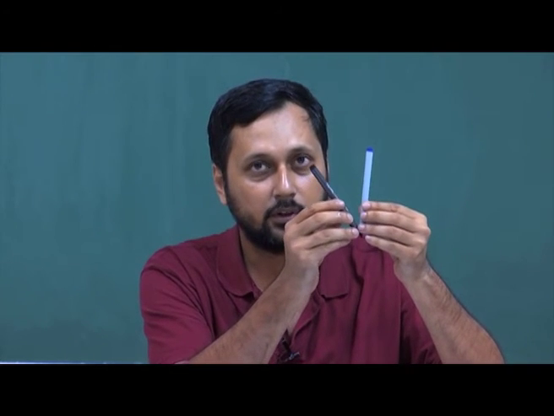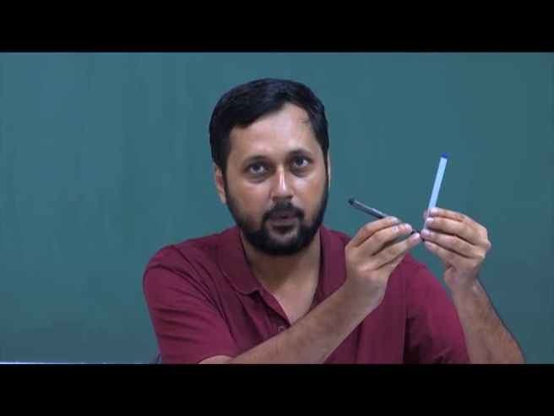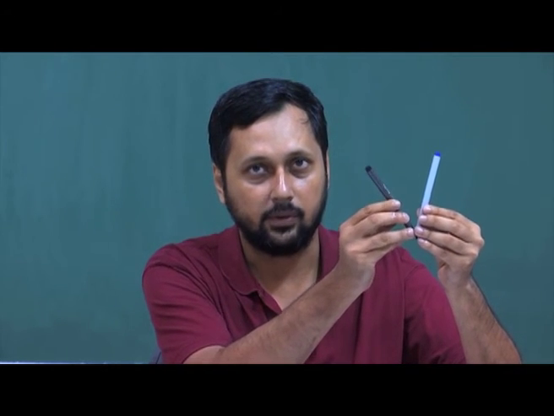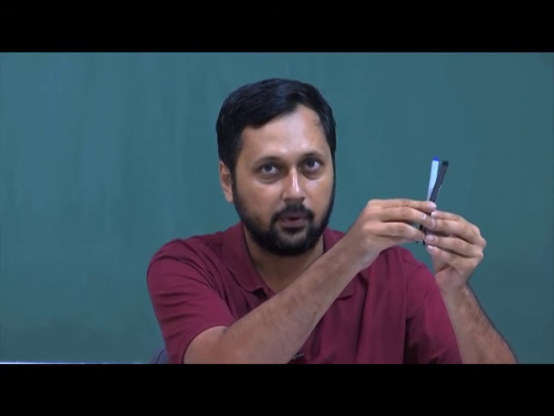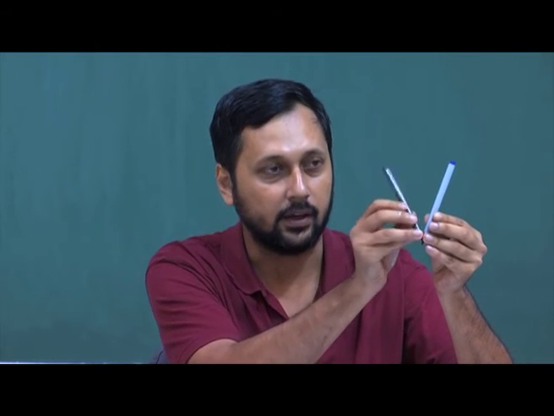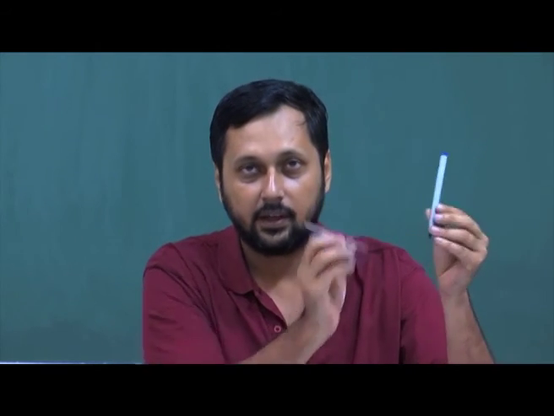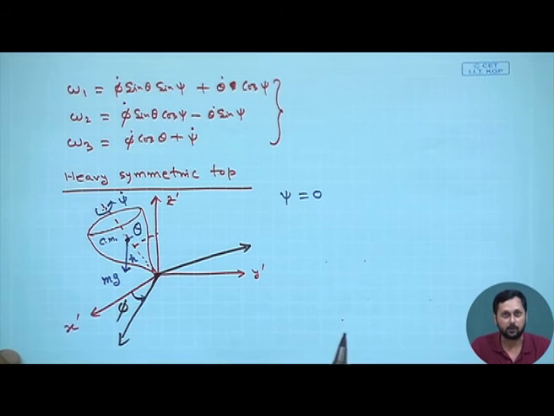The top axis can go up and down, which is taken by the angle theta. Also, it can rotate, making a precession motion around this axis, either like this or like this, and this precession is taken care of by the angle phi. And there is a third motion, the spin, which is taken care of by psi dot. We can just put psi dot for the spin part.